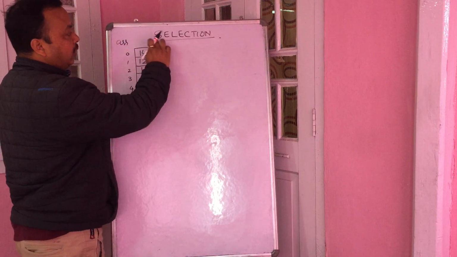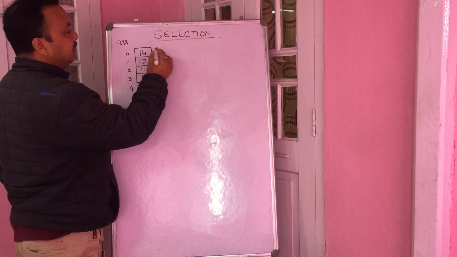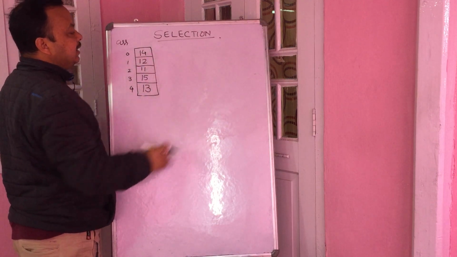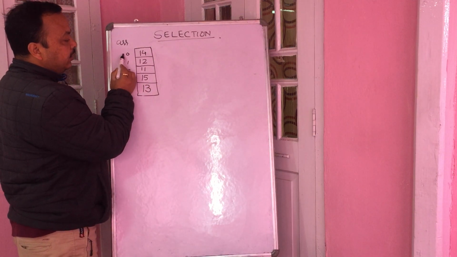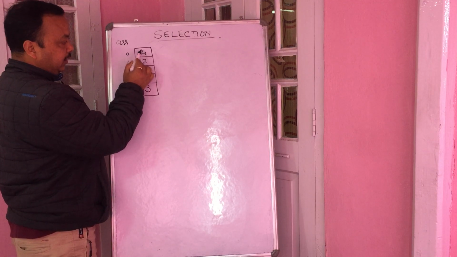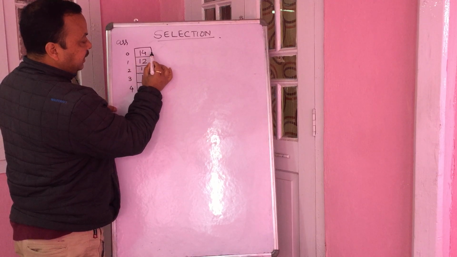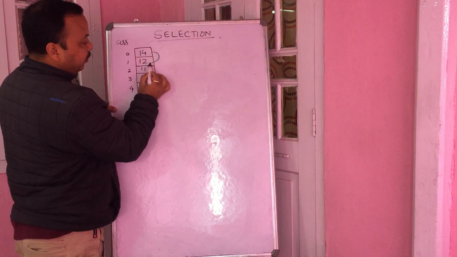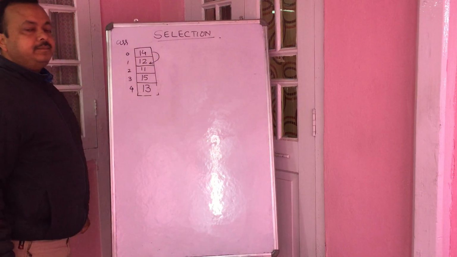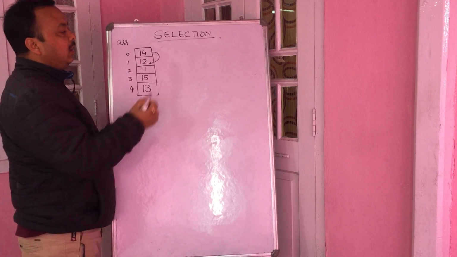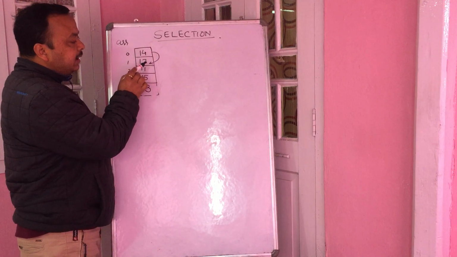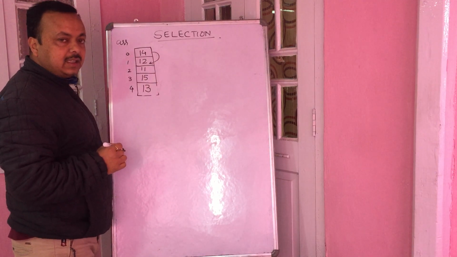So first, according to selection sort, the comparison starts with the 0th or the first element. 0 means the 0 subscript, or the first element. We compare this first element with the second element. And the comparison is whether the first element is greater than this second element.